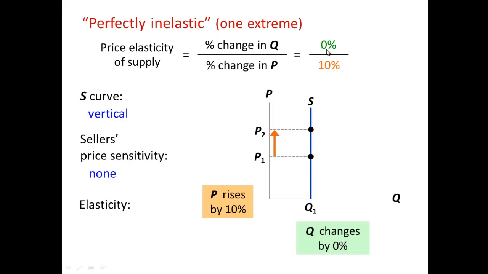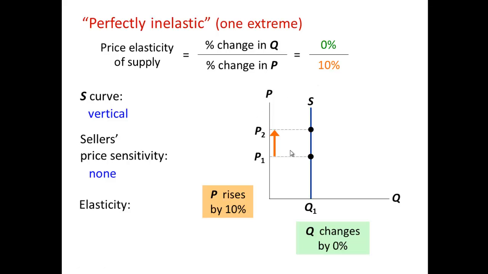And again, that's where the quantity is 0% change. There's no percent change in quantity supplied, even when there is a percentage change in price. And anything divided by 0 is 0, meaning that it is perfectly inelastic.